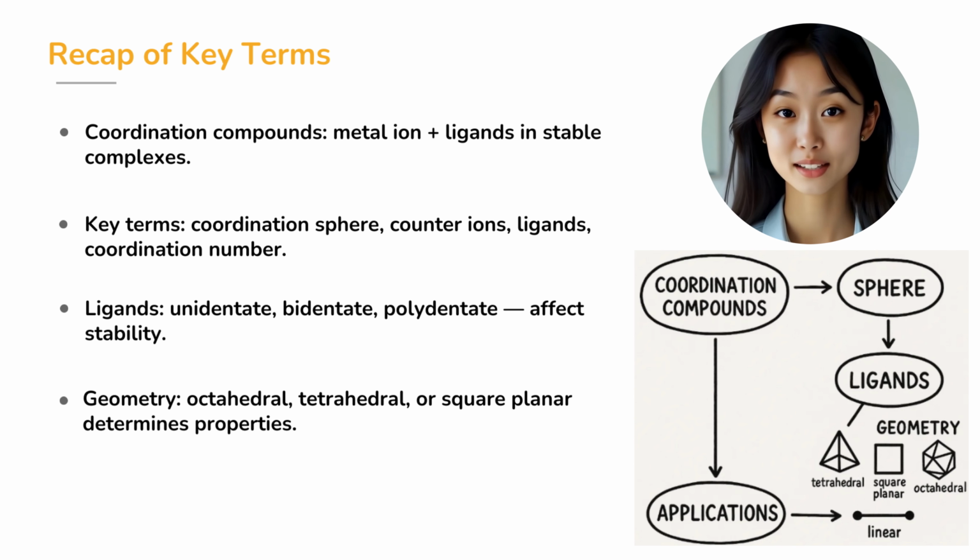Ligands can be unidentate, bidentate, or polydentate, and some, like EDTA, hug the metal so tightly they never let go. Geometry decides whether a compound is octahedral, tetrahedral, or square planar, and this geometry affects properties like color and reactivity. Finally, we saw that oxidation states and bonding make these complexes the real workhorses in biology, industry, and even medicine.